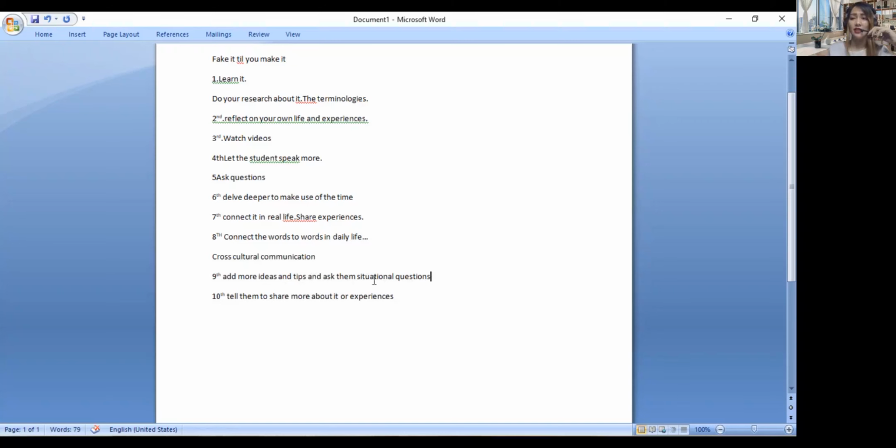And just in case they have misused a word or did not use the word appropriately, you should correct them as soon as possible, most especially the grammatical structure, because some students find it hard to construct sentences. Tell them to share more about it or their experiences. You could ask them some of their experiences and also the reason why they wanted to focus on this topic.